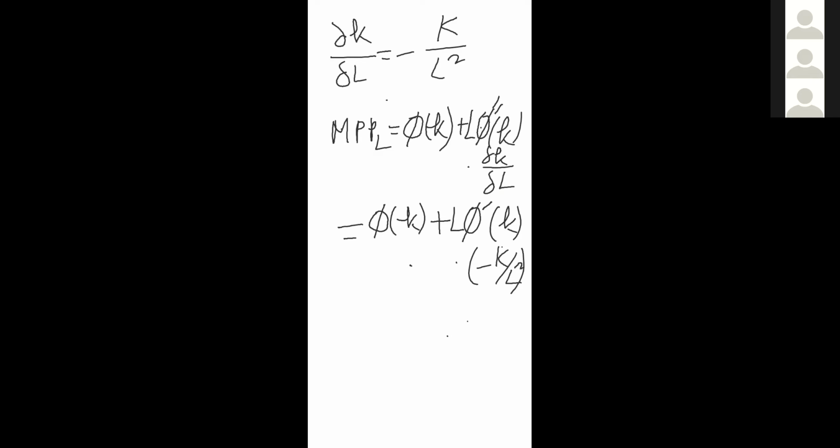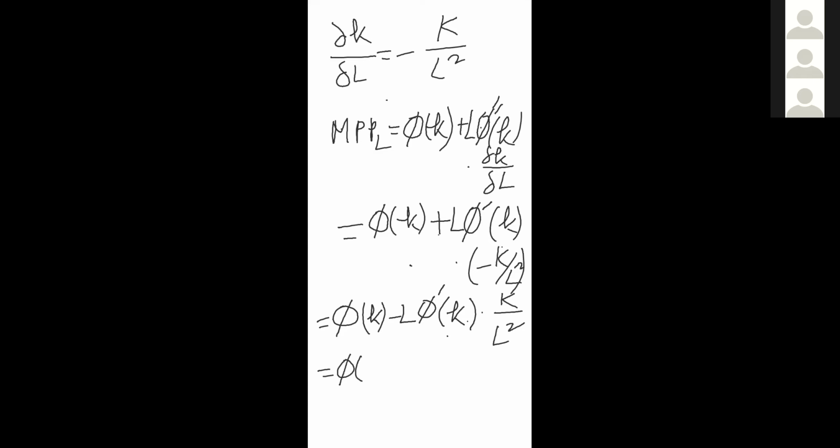We will write this clearly here: phi of small k plus L phi prime of small k, then plus into minus will become minus. So minus L into phi prime of small k into k by L square. Can you write it in this way? Yes, ma'am.